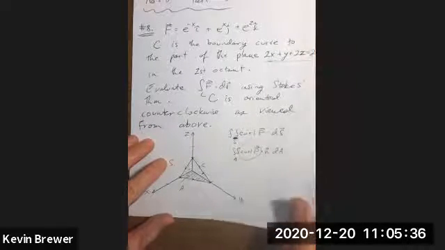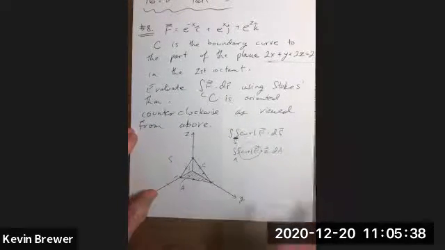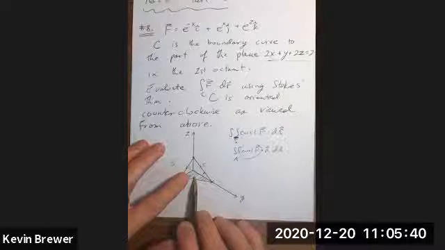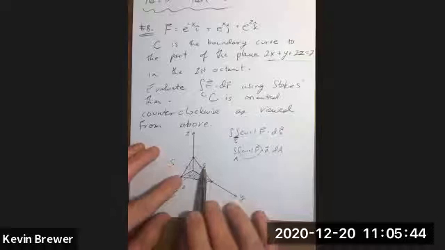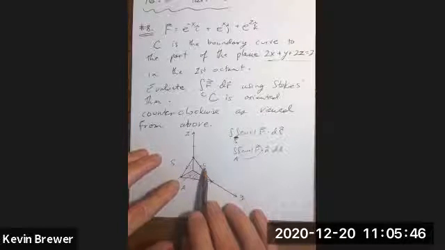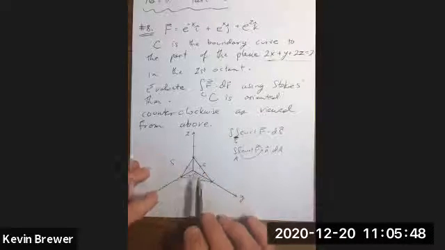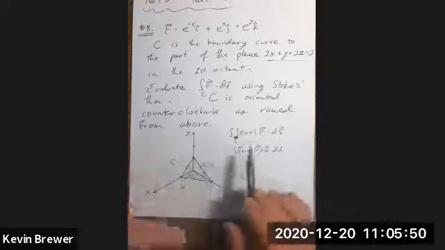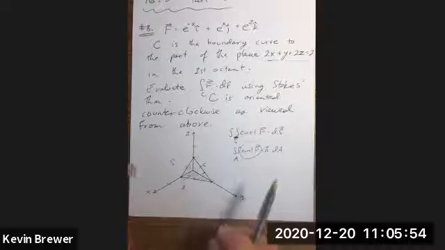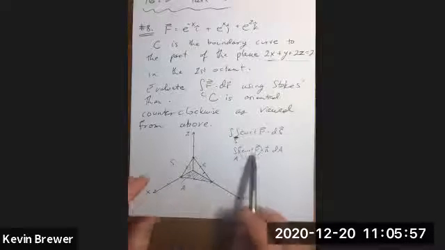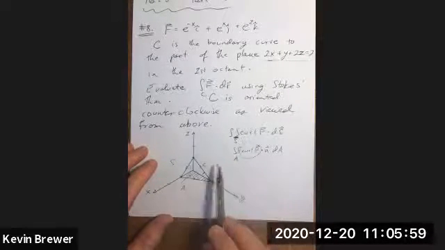So let's go through this. Now we already have the simplest type of surface that the curve is a boundary to. So here, there's no sense in thinking about using the independence of surface aspect of Stokes' theorem.